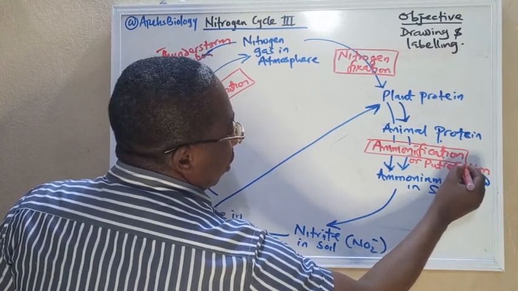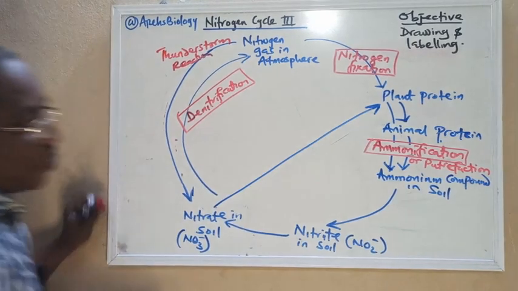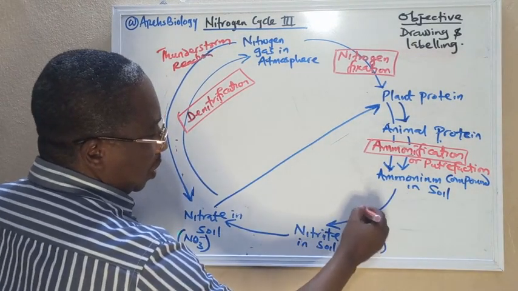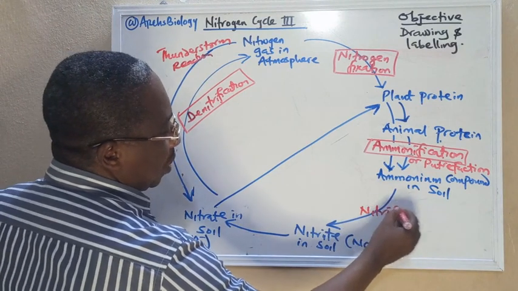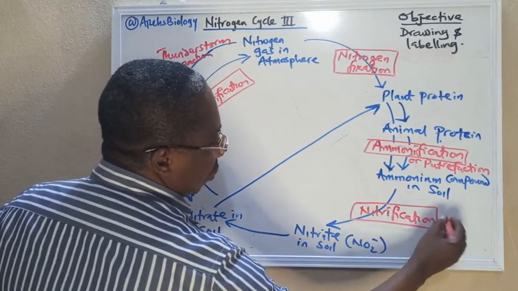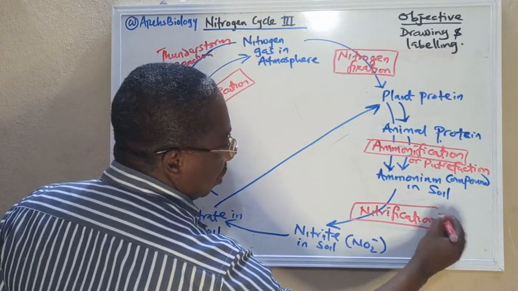It is that reaction that is called putrefaction that forms ammonium compound in the soil. Then this reaction from ammonium compound in the soil to here is called nitrification 1. Alright, we call it nitrification 1.